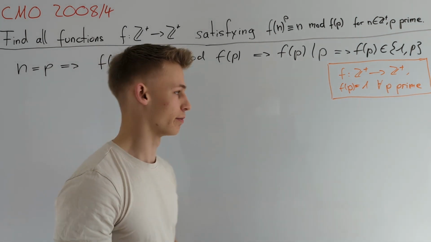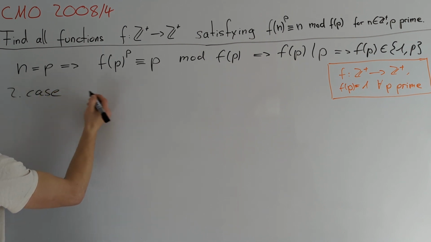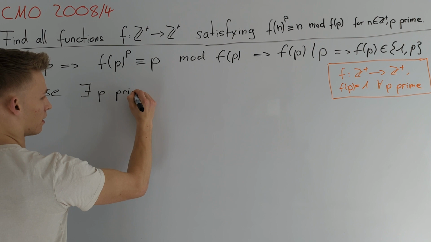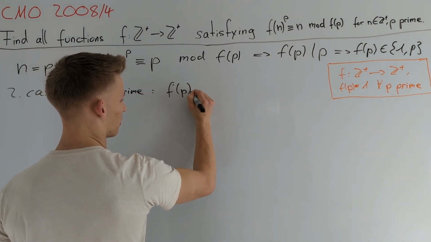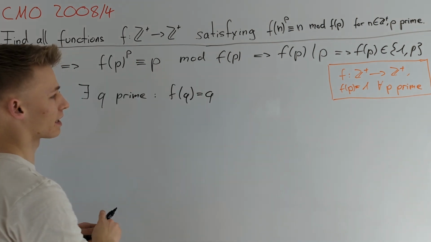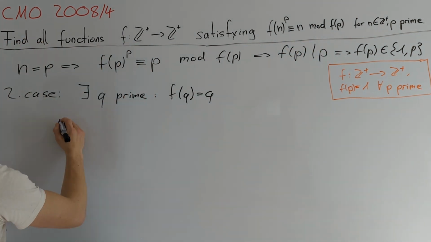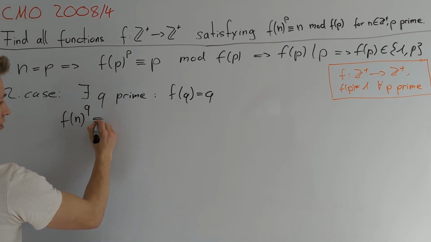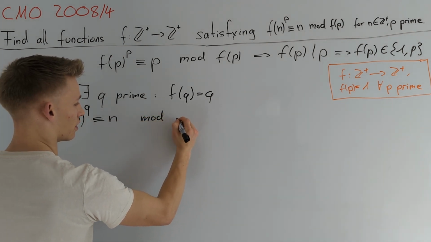Now we can go on with our second case, and in this case we find a prime q such that f(q) is equal to q. Plugging q into this congruence for p, we get that f(n)^q is congruent to n modulo q.